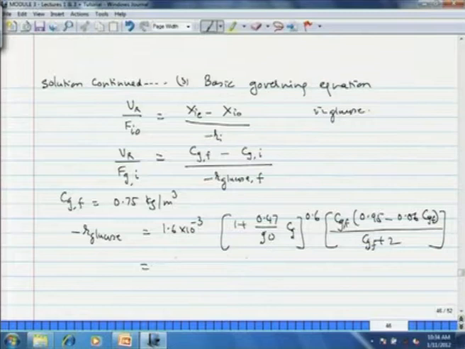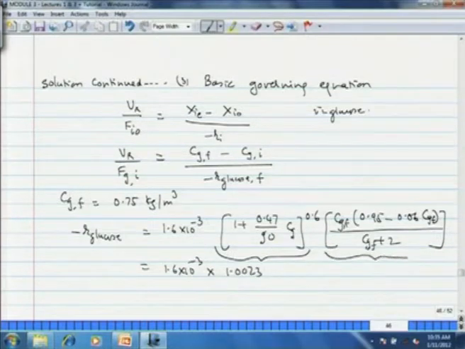So this particular bracket is evaluated as 1.0023, this particular term as 0.2468, and then we get the rate of glucose conversion as 1.422 kg per meter cube per hour.